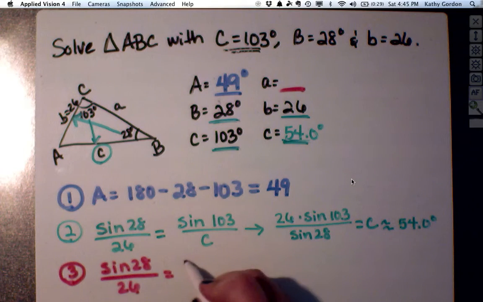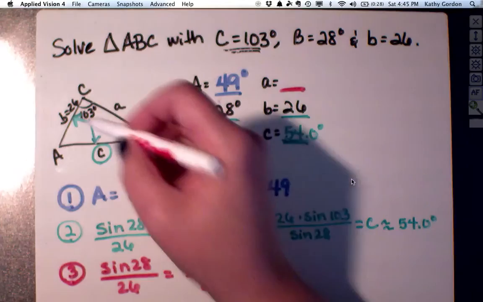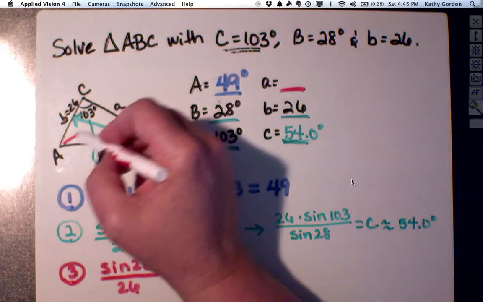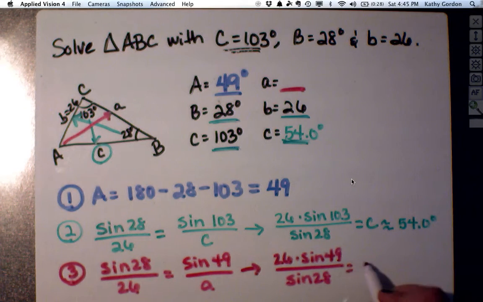And then I'm going to take the sine of 49 over A, because 49 now is the A angle that's opposite the A side. Okay, so again, that means taking 26 times the sine of 49, dividing all of that by the sine of 28. That should get me my A.